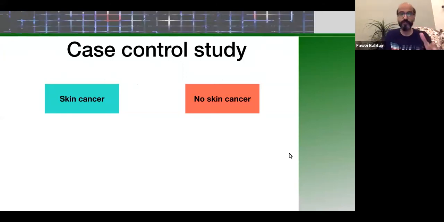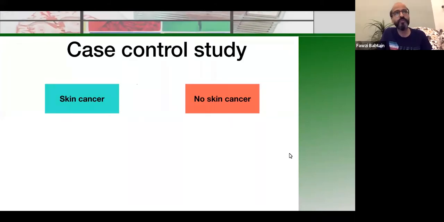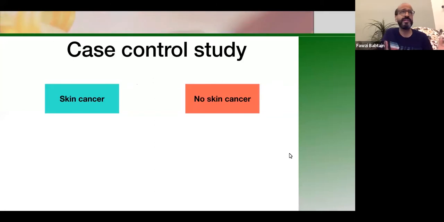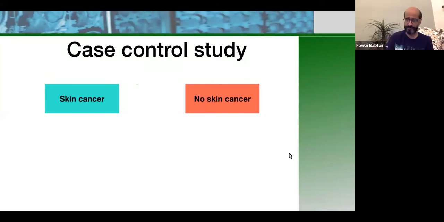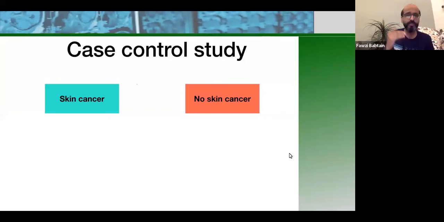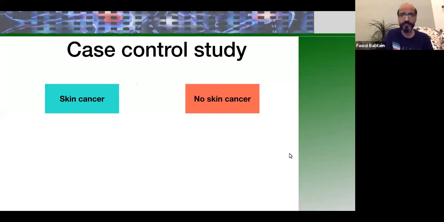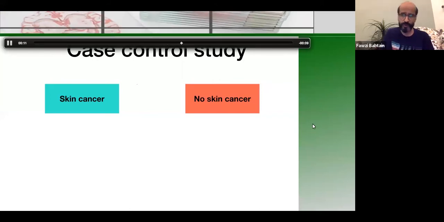So this is very good for a risk factor. Actually, we reserve the case control for uncommon diseases. Uncommon means, depending on the context, a prevalence of not more than 10%, diseases with prevalence between 5 and 10%. Case control can give you a good idea of the risk or no risk.